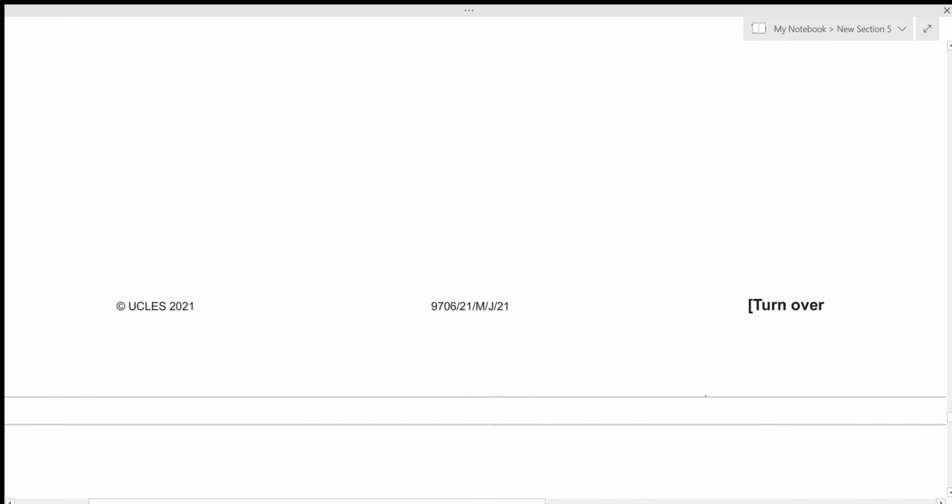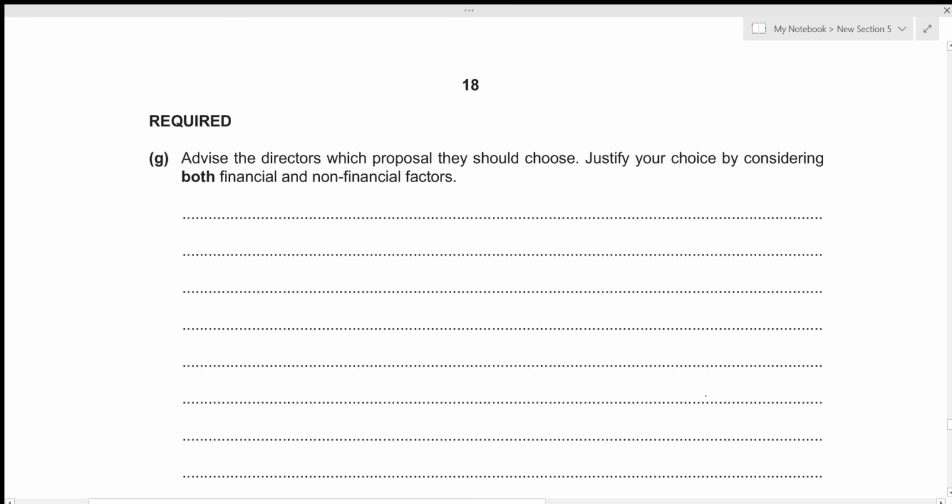Alright, so let's first list down our points. Okay, firstly, I'll have a look towards the profit. So for the first point, profit for proposal A is greater than proposal B and the target profit. We had the target profit of 40,000 in the first scenario, right? So let's just list it.